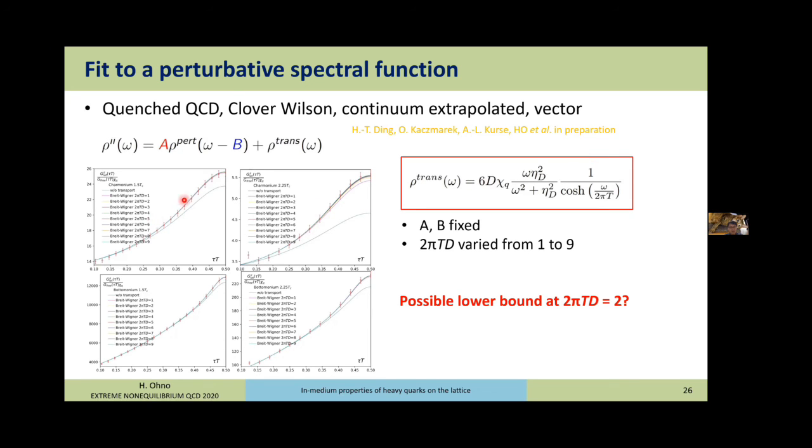At least one should have some sort of transport structure here, but the problem is that since our lattice data is not precise enough, if one does some sort of Bayesian analysis to get the spectral function, then one can get some spectral function by changing this transport part.